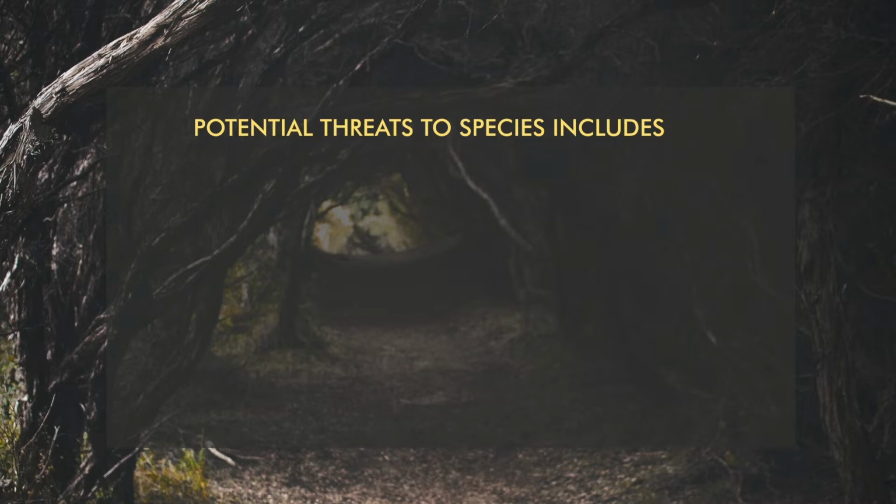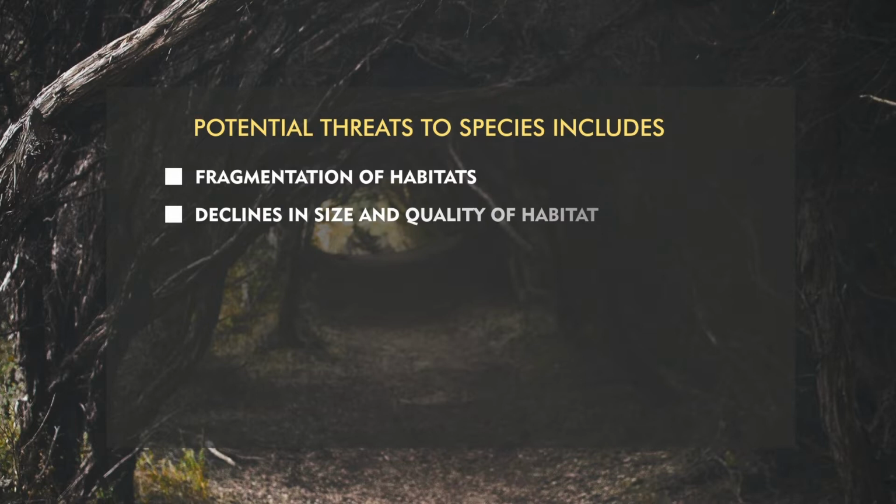biodiversity include the fragmentation of habitats, because habitat is one of the important units or places where a species lives. Then the decline in size and quality of habitat is also one of the potential threats to species, that means biodiversity.